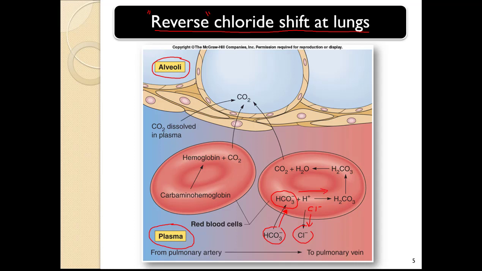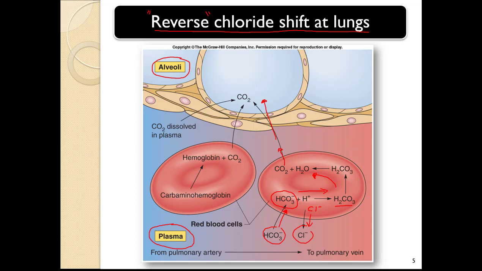Okay, so you're going to have bicarbonate combining with hydrogen ions to make carbonic acid. Carbonic acid is then going to get broken back into carbon dioxide and water. Water really doesn't matter for us, but the carbon dioxide then is going to leave the red blood cells and eventually make its way back into the alveoli, where it can then be breathed out, right?